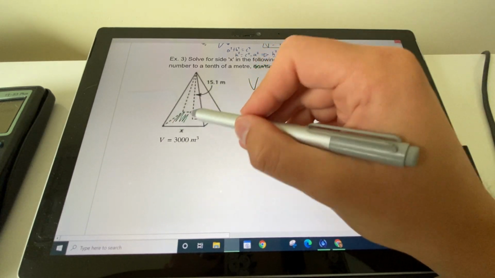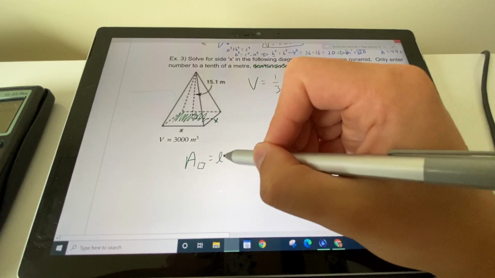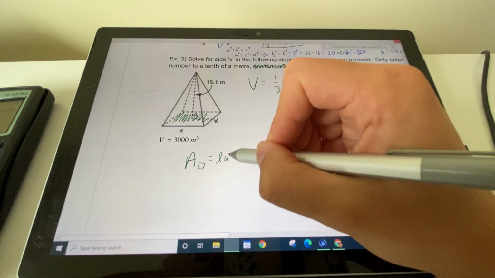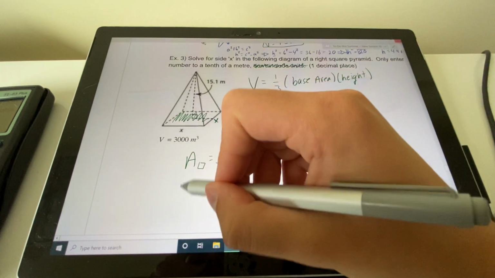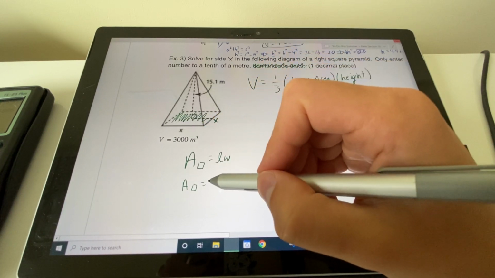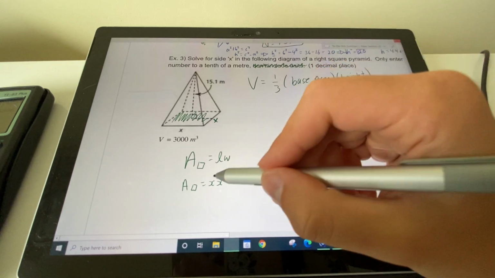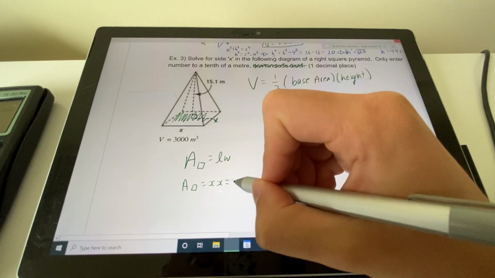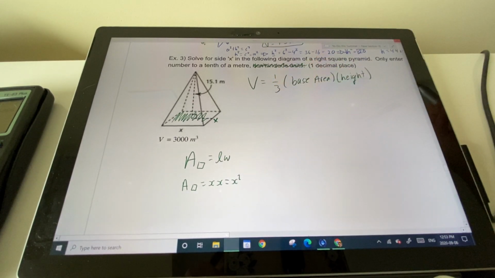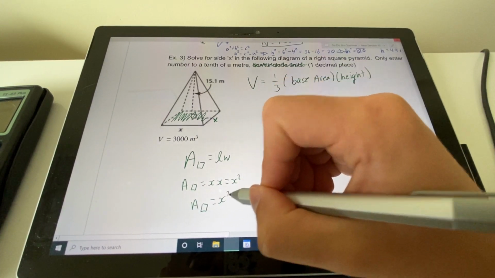The area of a square is simply length times width. What is the length in this case? The length is x, times the width, which is x. Remember, x times x is simply x squared. So right now the area of the base is x squared.